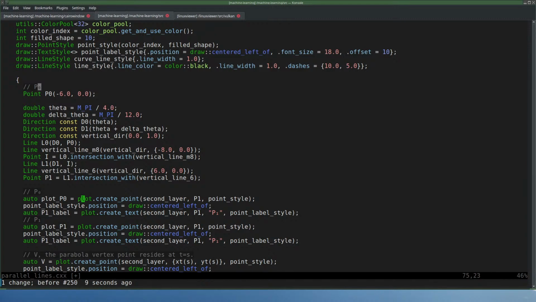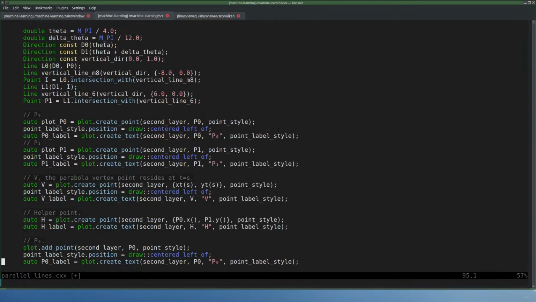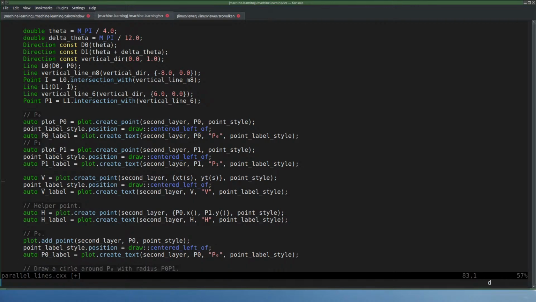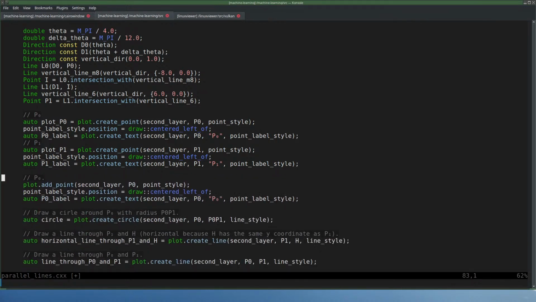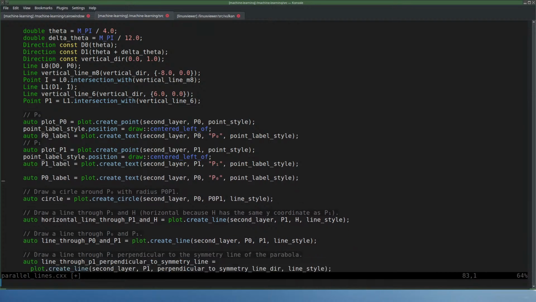Plot P0. The label. We'll have to draw the lines. Fill help points, add pointer. That's what I otherwise would have done.